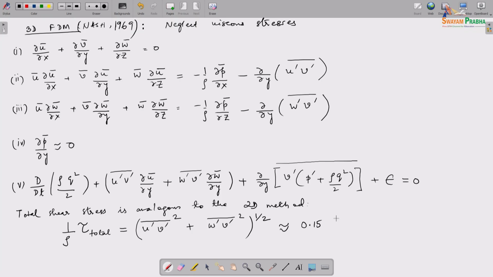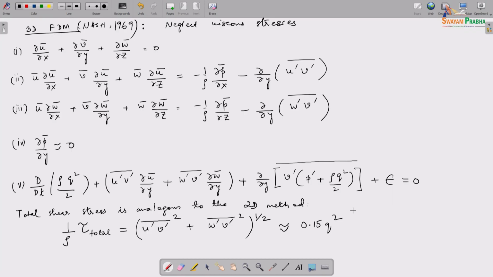This is about 15% of the square of the velocity. Okay. Now we'll just look at something here.